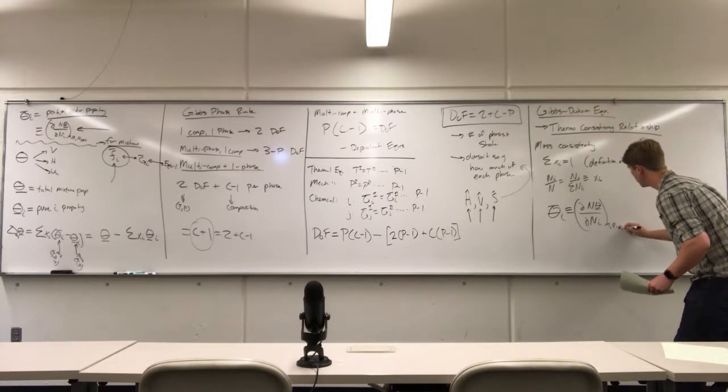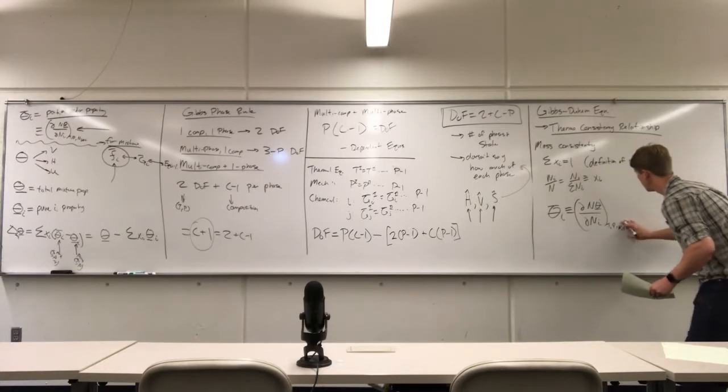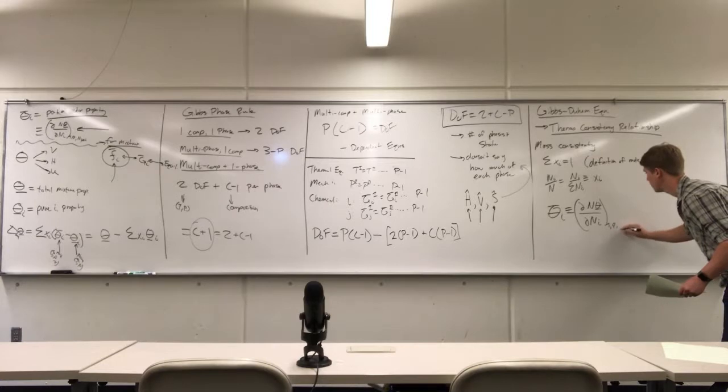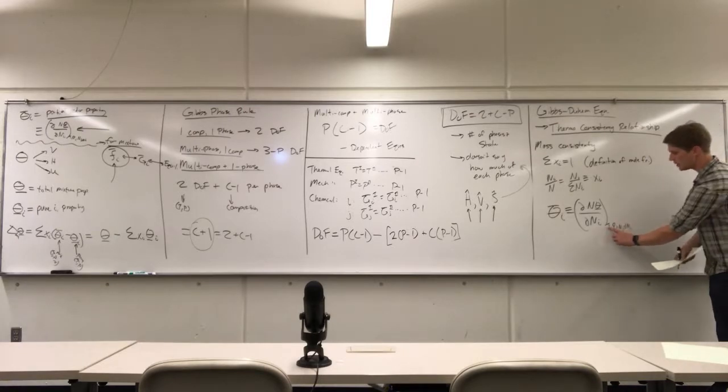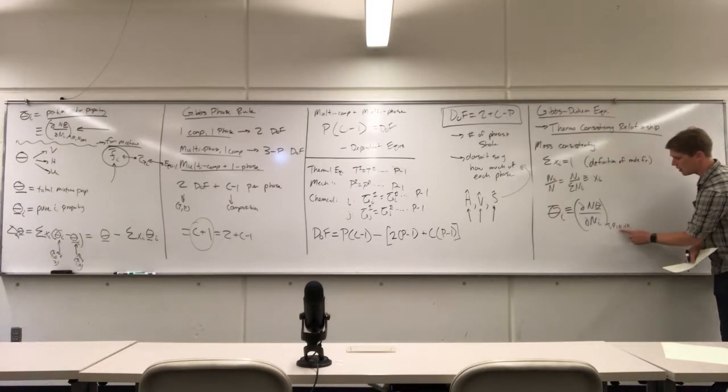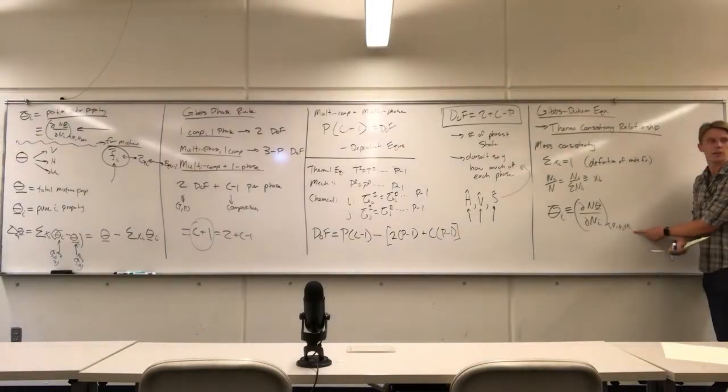The number of moles of j is not equal, holding constant everything that is not i. Okay. So we're holding temperature constant, pressure constant, and everything else except the number of moles of species i is being held constant.